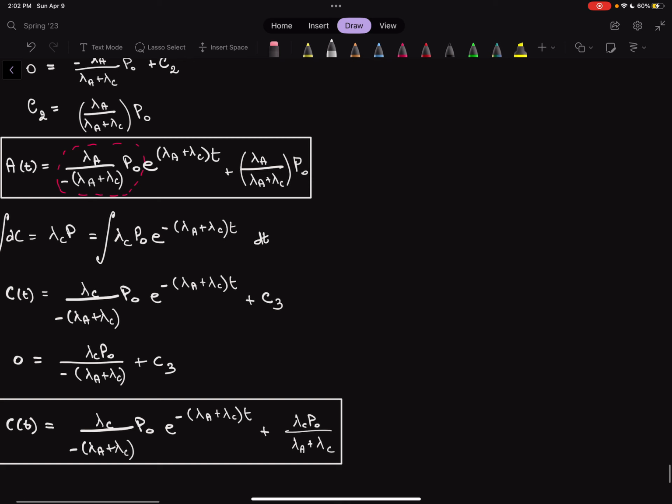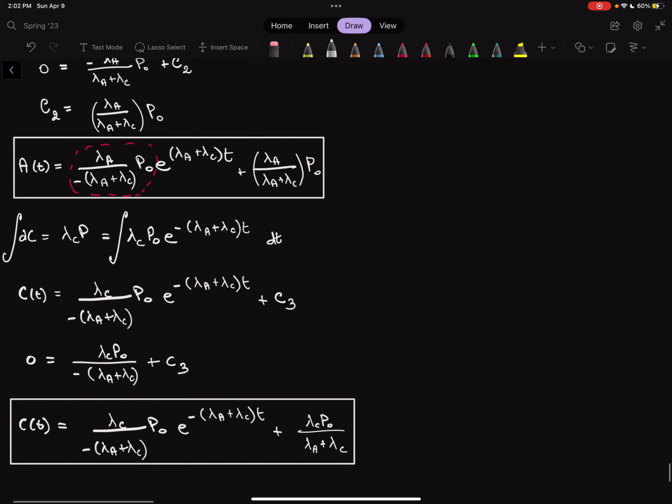Well, if I look at this, I have a P naught here. And so what I want to do is I want to see what happens as we go to infinity. Well, as we go to infinity, this term, which has the t, is a transient term. It'll go to 0.